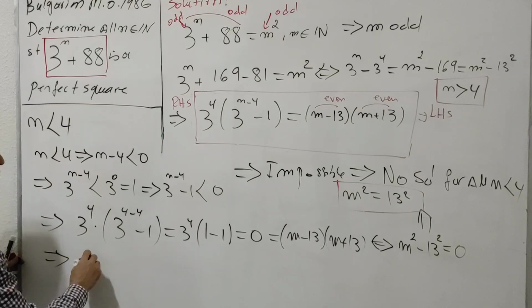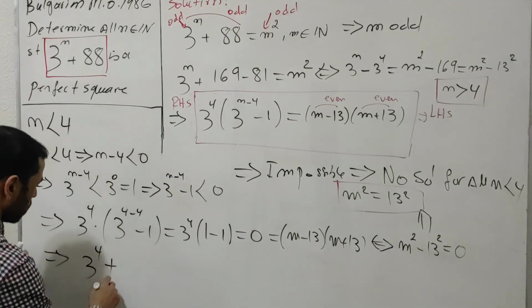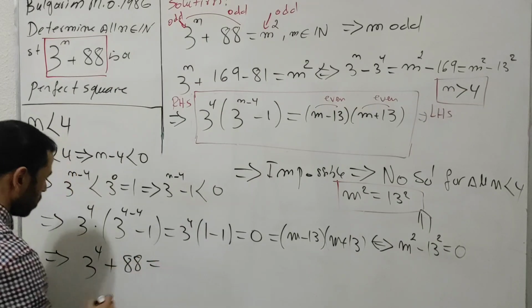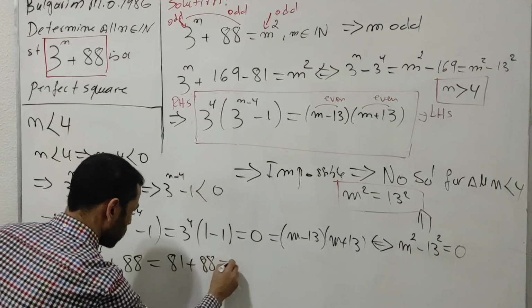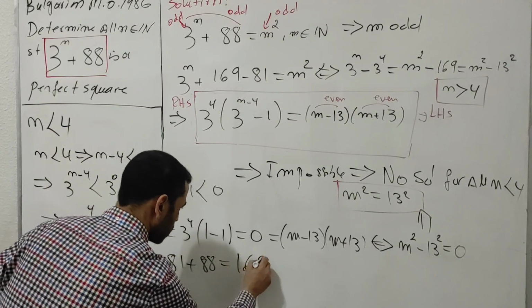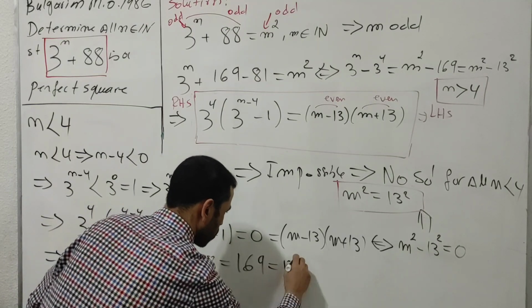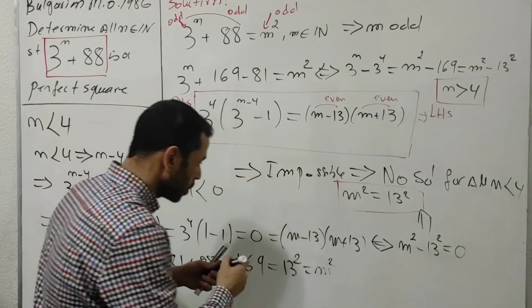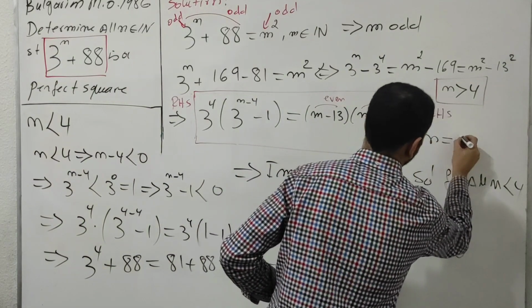It will have 3 to the 4th, as we found before, plus 88. 3 to the 4th is 81, plus 88 equals 169. 169 is the same as 13 squared, which equals m squared. Finally, the only solution that we found is n equals 4.